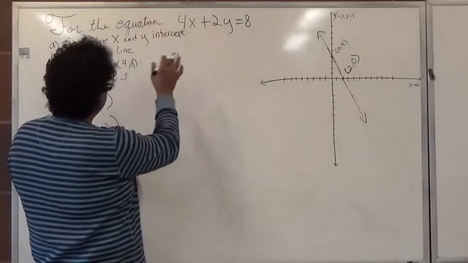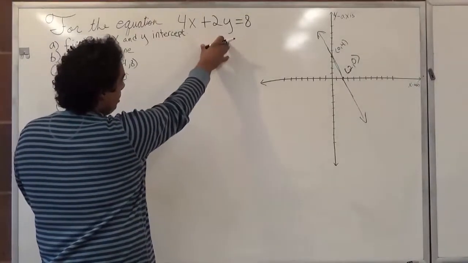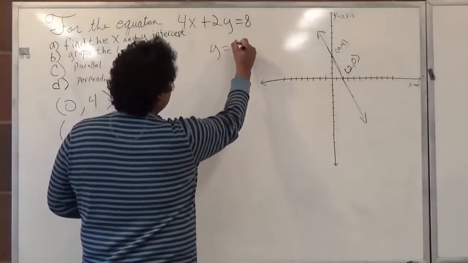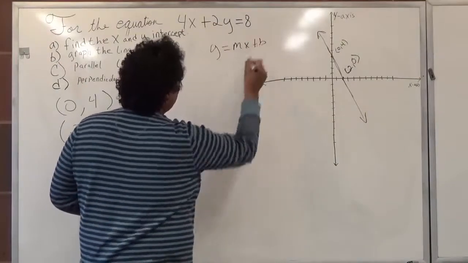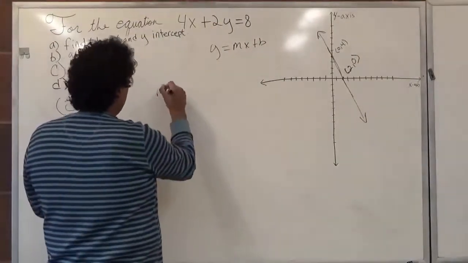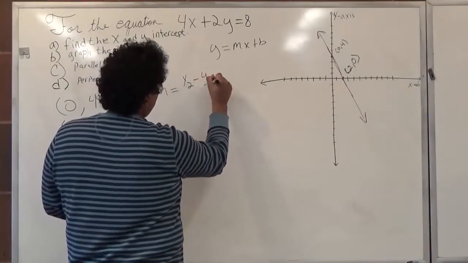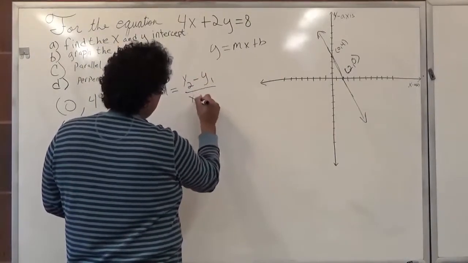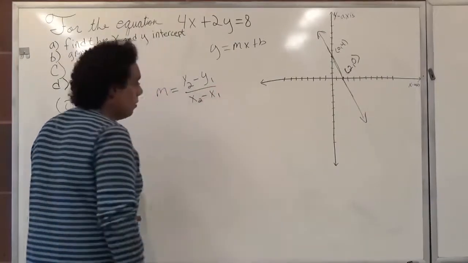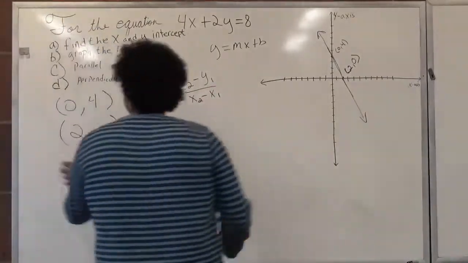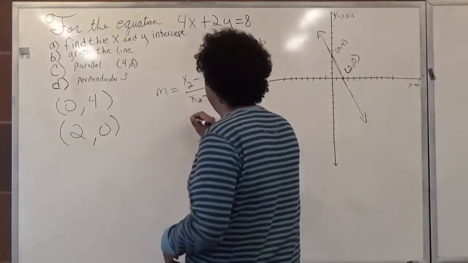You can either put this in slope-intercept form, y equals mx plus b, or we could just use the slope formula, which is m equals y2 minus y1 over x2 minus x1. We have 2 points here, so I'm just going to use the slope formula.